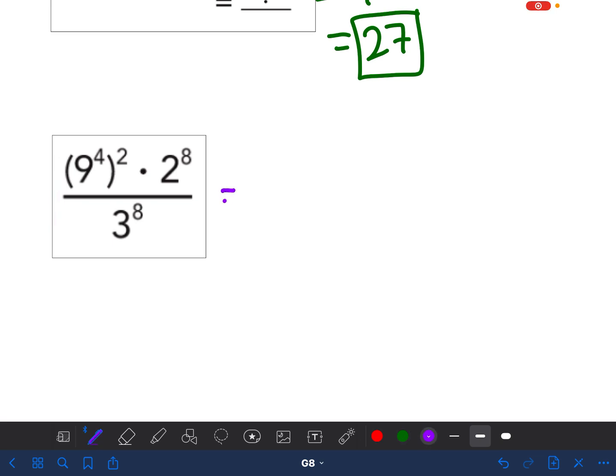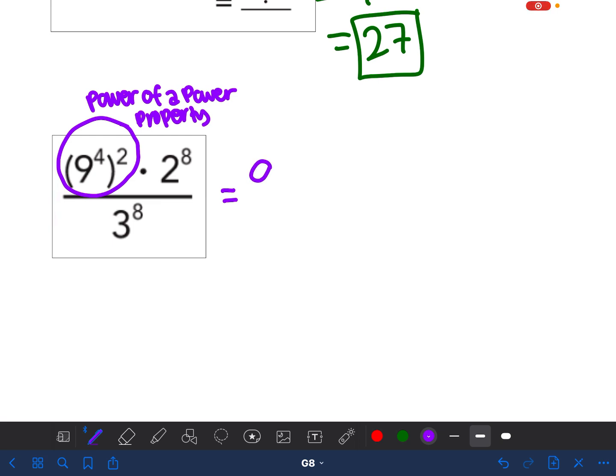Okay, so what I'm going to do now is simplify that by the power of a power property, which says that you can multiply the exponents together. That's 9 to the power of 8. I'm going to copy everything else.